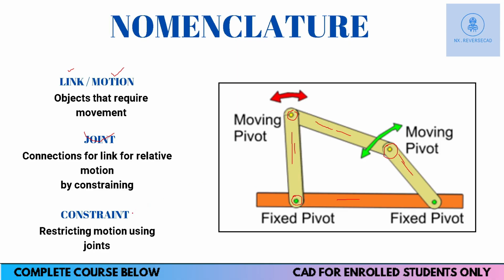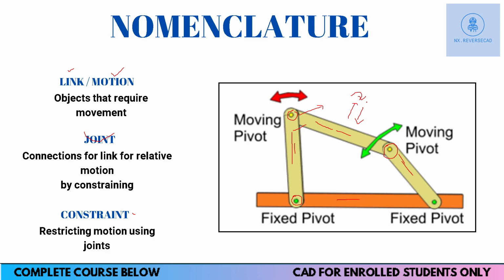Now the next term is constraint. Constraint means we are restricting the motion using the joints. So when I applied a joint here, it has restricted the motion of these two links. How? This link could go here also, it could rotate like this, and so on.